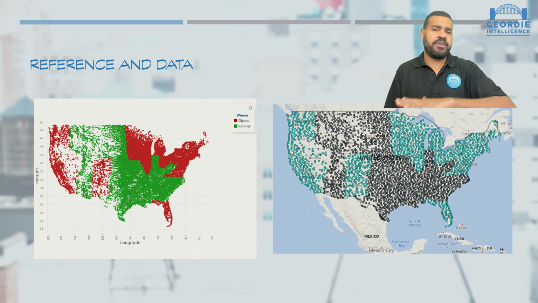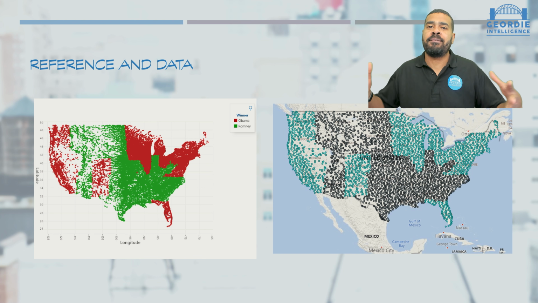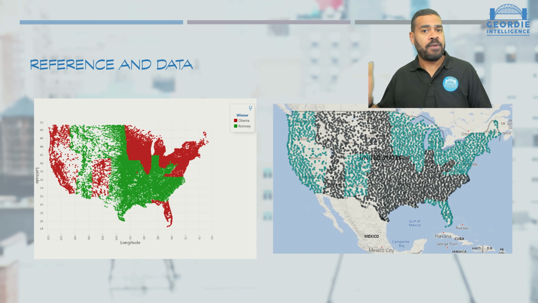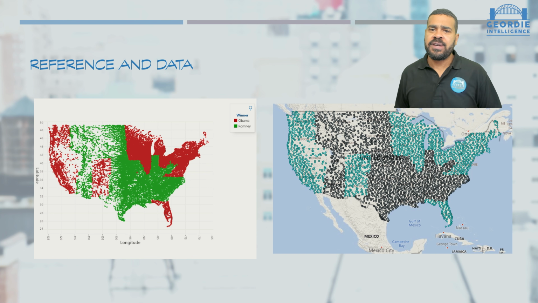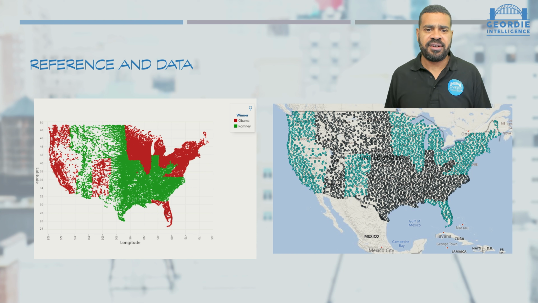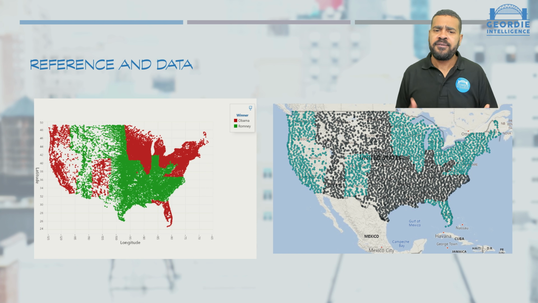You've got a reference plane, which is effectively the map that you see on the right-hand side. It gives us the clarity that that is the USA we're looking at. Whereas on the left-hand side, what we've got is effectively a scatter plot from Synoptic. So we can see the difference.